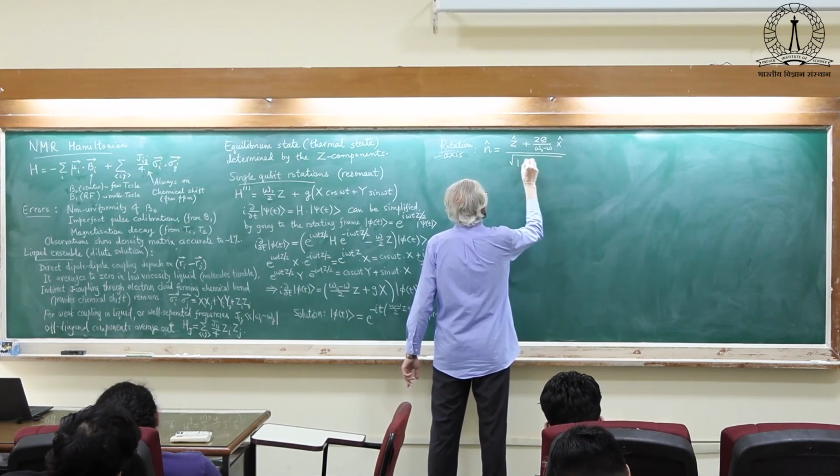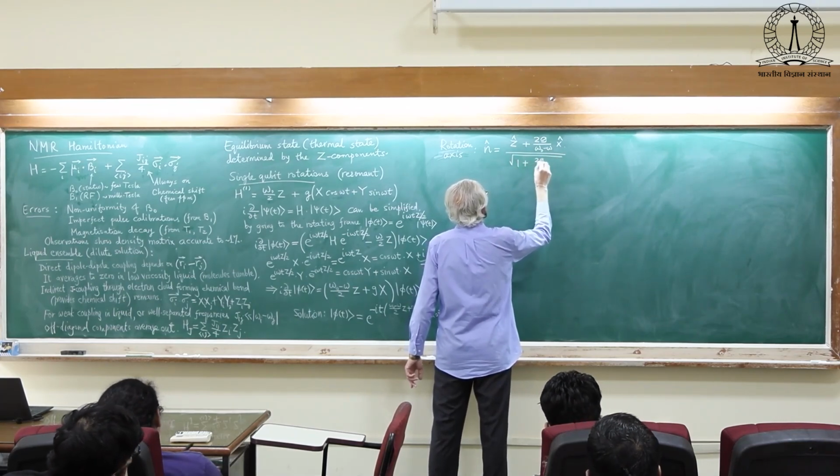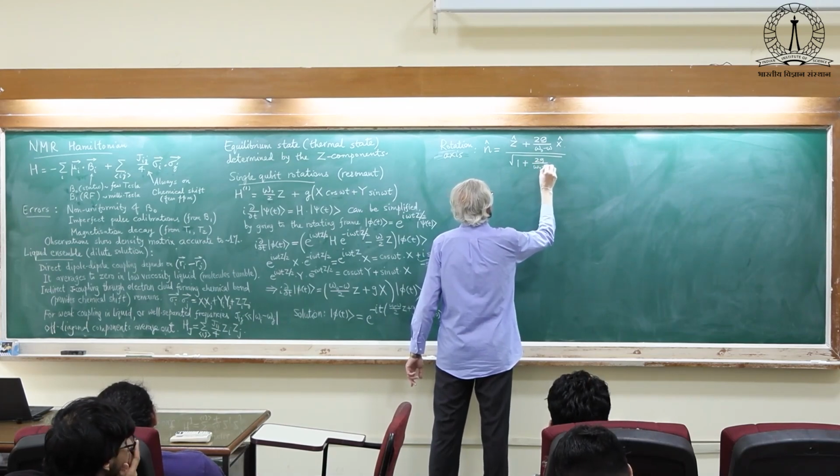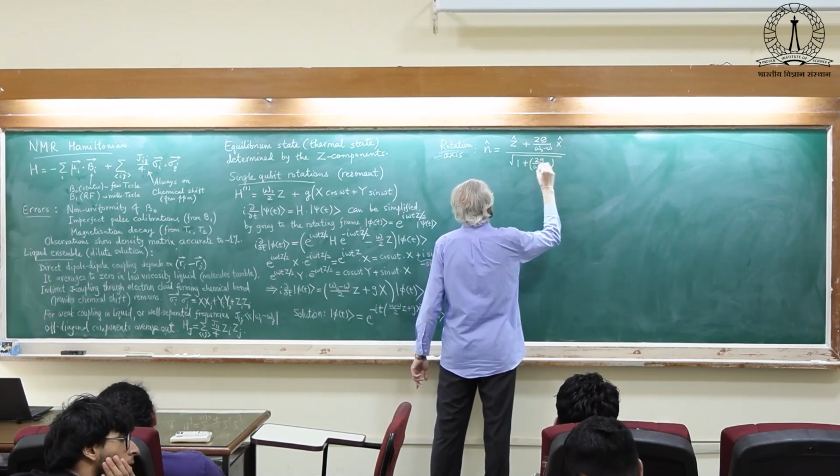So it is 1 plus 2g omega 0 minus omega square.